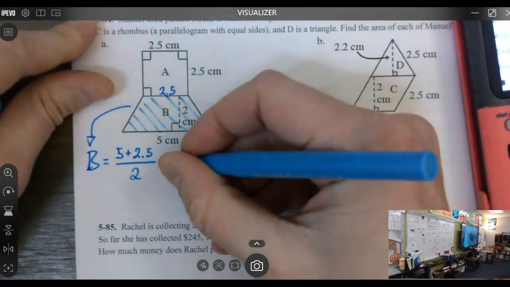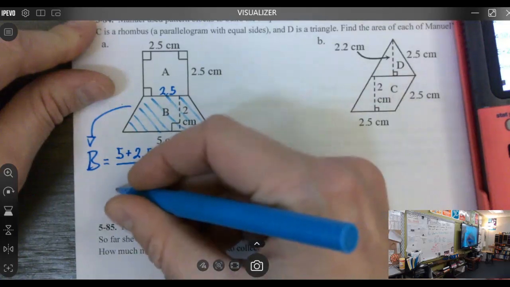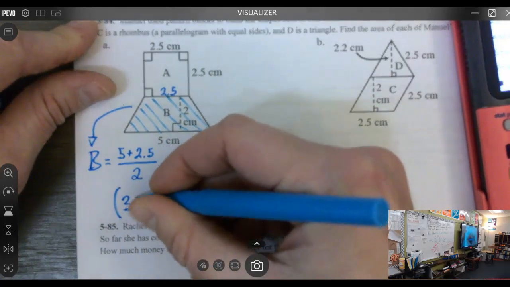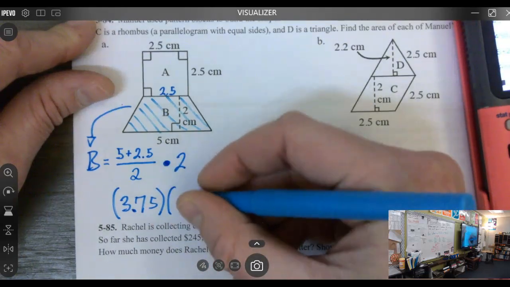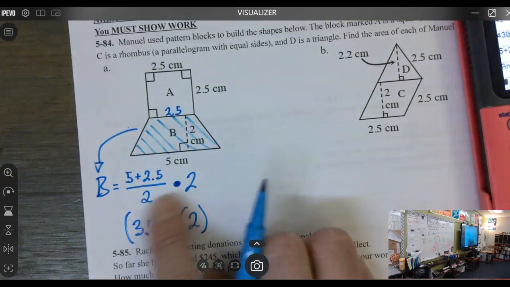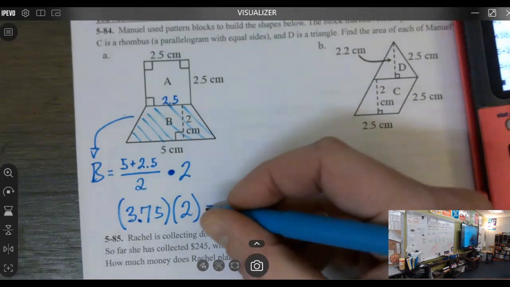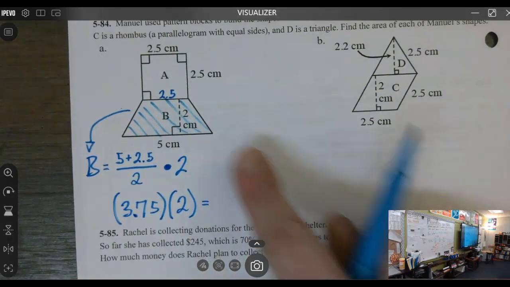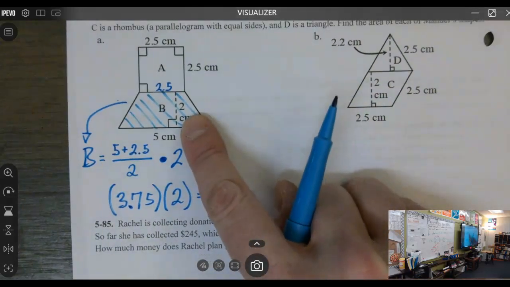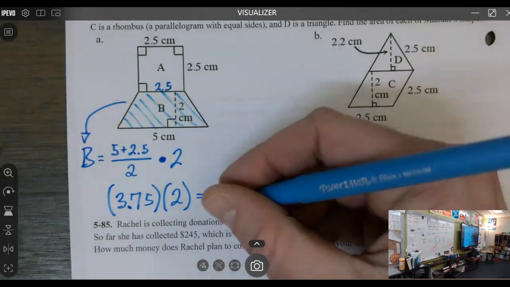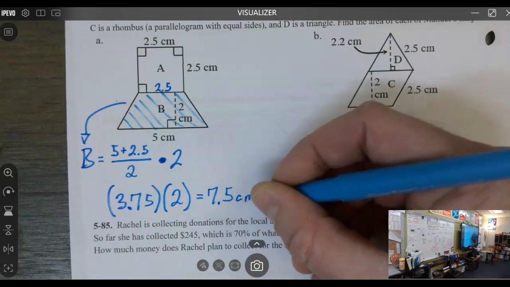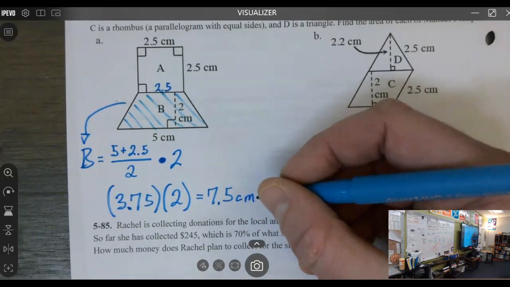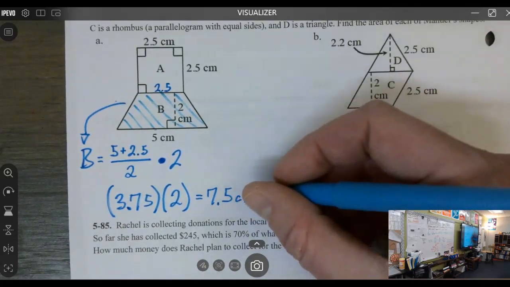So this needs to be times 2 because it's becoming 3.75. So really, we're going to get back to... Now, this does not always happen. It's only because the height is 2. But our answer is actually going to get back to 7.5 centimeters. If it's area, centimeters squared.